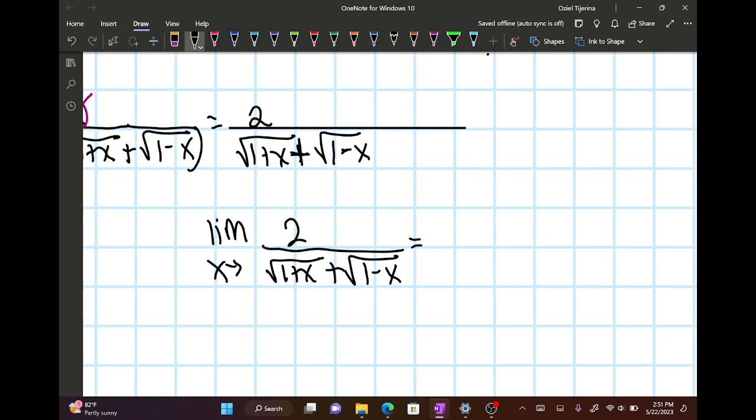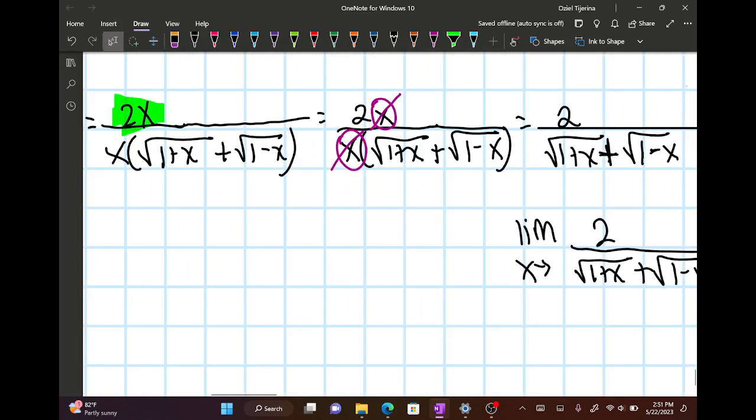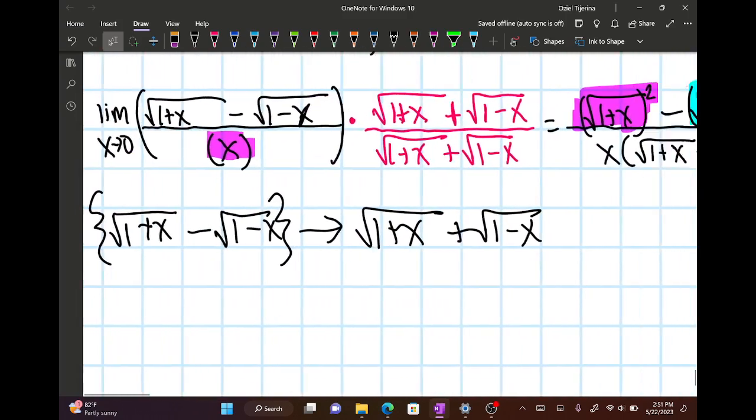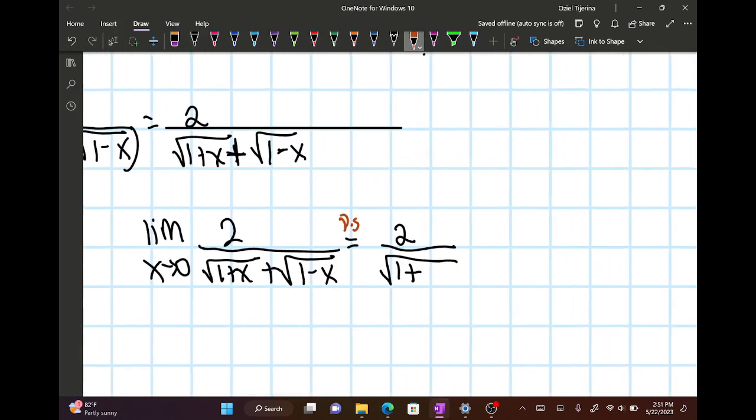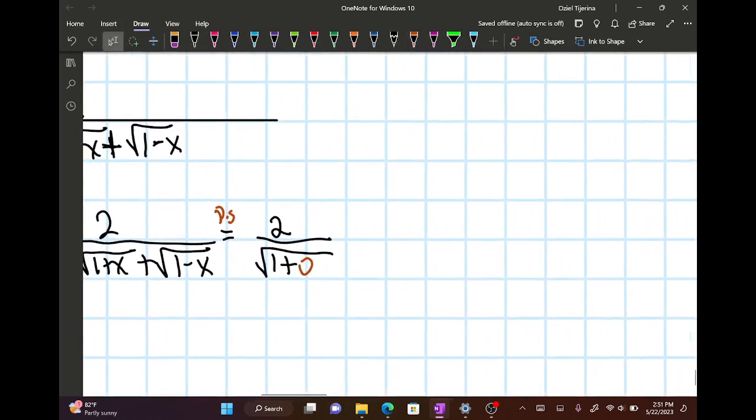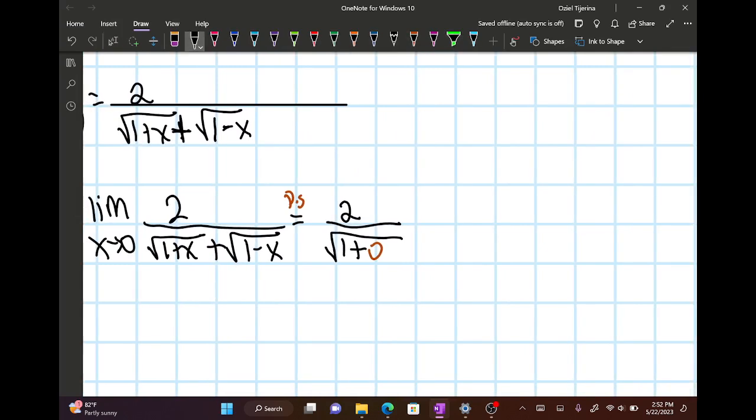This is going to be 2, and we're going to do it by direct substitution again. So we're going to do 2 over the square root of 1 plus x plus the square root of 1 minus x, as x approaches 0. So 2 over the square root of 1 plus 0 plus the square root of 1 minus 0.